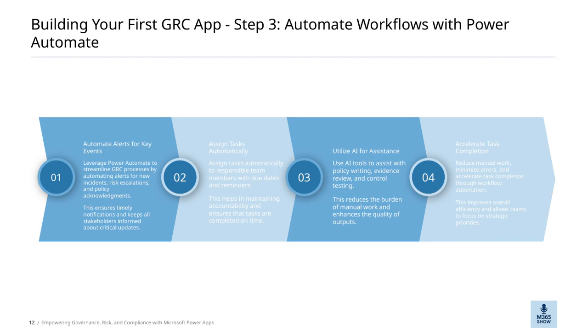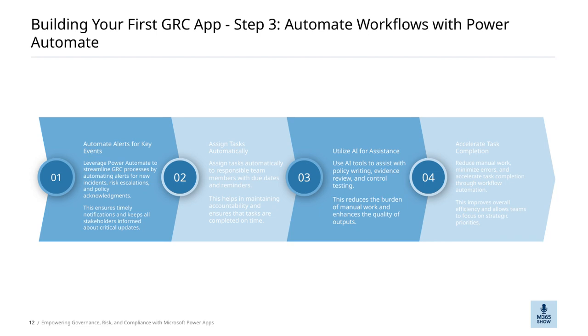We're also seeing great benefits from utilizing AI tools to assist with policy writing, evidence review, and control testing. These AI enhancements reduce manual effort, improve accuracy, and boost the overall quality of our outputs. By automating these workflows, we cut down on manual work, minimize errors, and accelerate task completion.